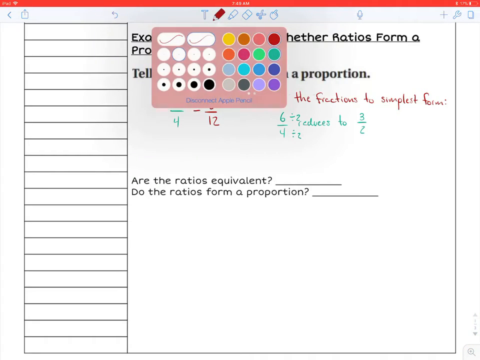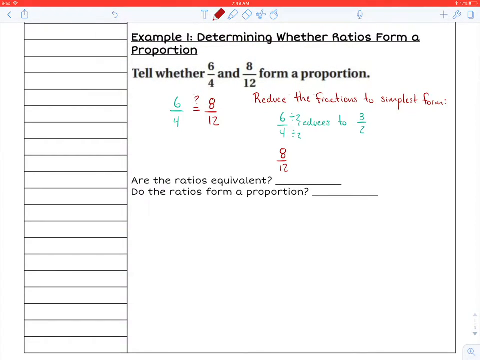And then 8/12, if we divide both of those values by 4, the greatest common factor, reduces to 2/3. Don't get tricked here, even though they have the same numbers, you can notice that we have 3/2, which is not equal to 2/3. So we would say that no, the ratios are not equivalent.